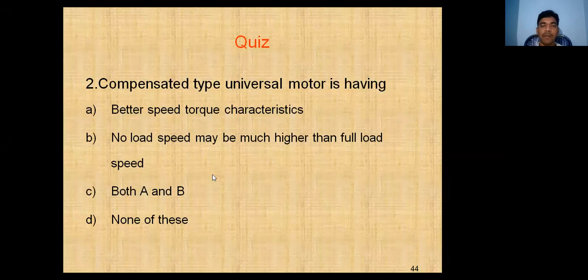No load speed may be much higher than full load speed. Yes. So option C, both A and B.